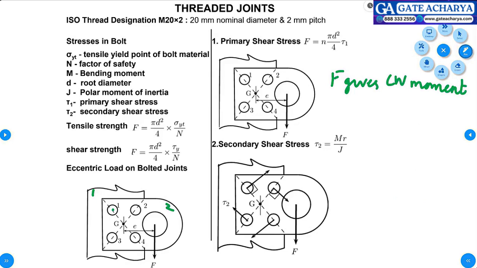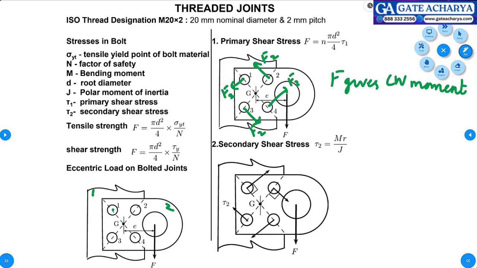For creating an anti-clockwise moment, this thread will give F2, then this thread will give F2, all anti-clockwise. So the moment created by this external load will be cancelled by the shear forces, which give an anti-clockwise moment and bring it to equilibrium.